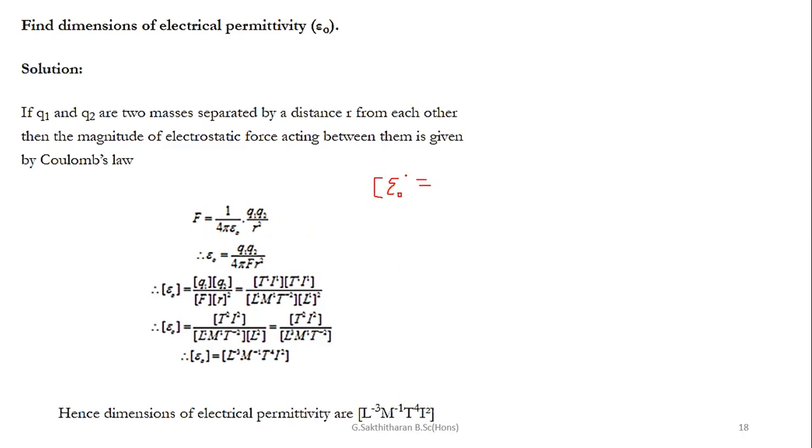dimensions of epsilon naught equal to, we can write q squared, because q1 and q2 are charges, over dimensions of F into R squared.